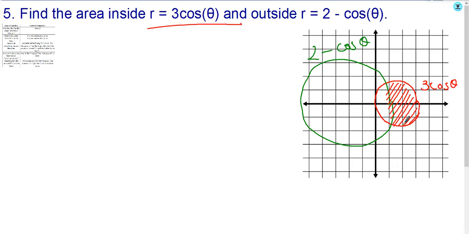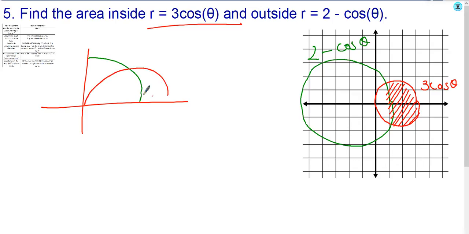So what I'm going to do is, if I look at just what's happening in the first quadrant close up, I have the green coming in, then the red over here, but I want just this region right here.